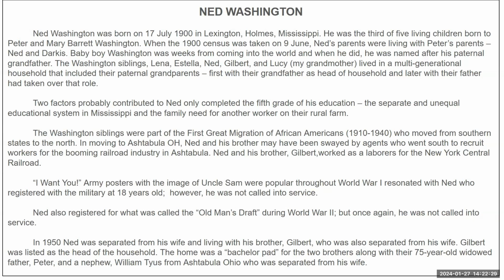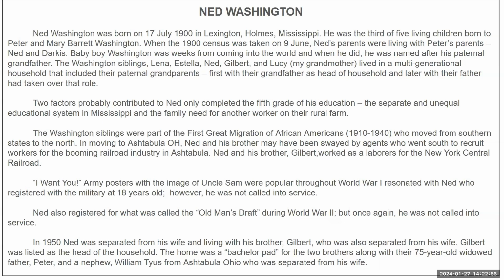Uncle Ned only completed the 5th grade, and I put it as a qualifier that the separate and unequal educational system in Mississippi, along with the family need for another worker on their rural farm, probably contributed to him only getting to the 5th grade. Uncle Ned and his siblings were part of the first Great Migration.